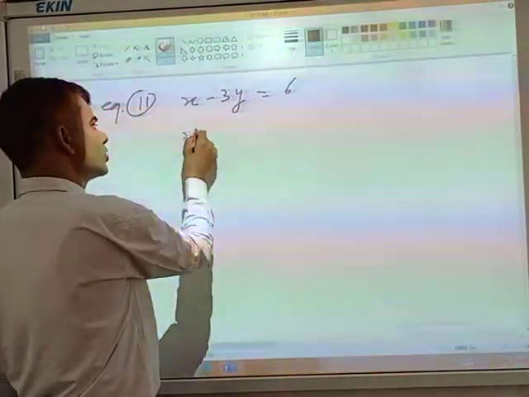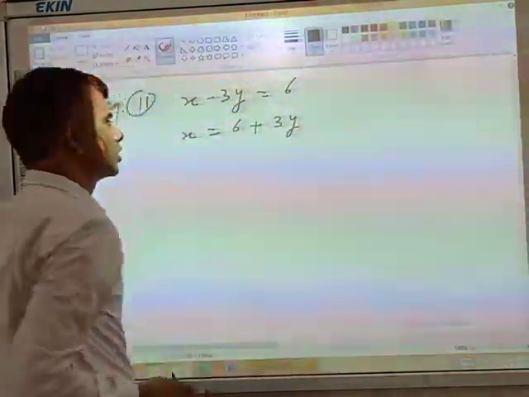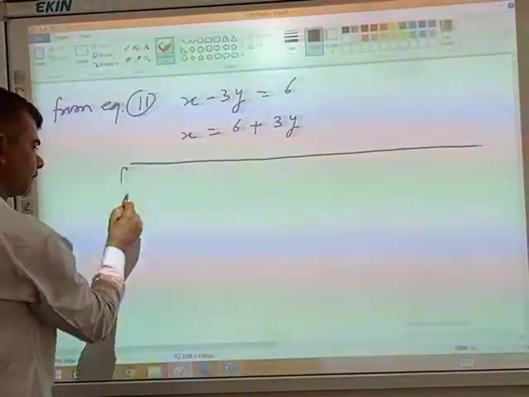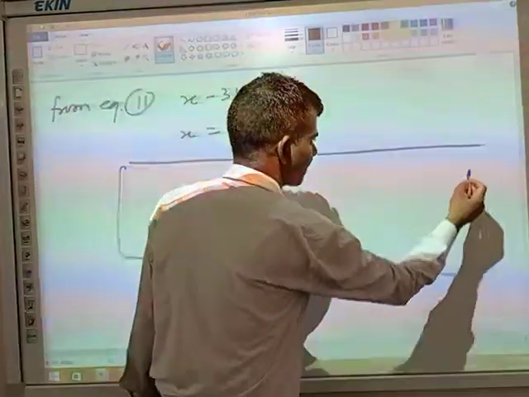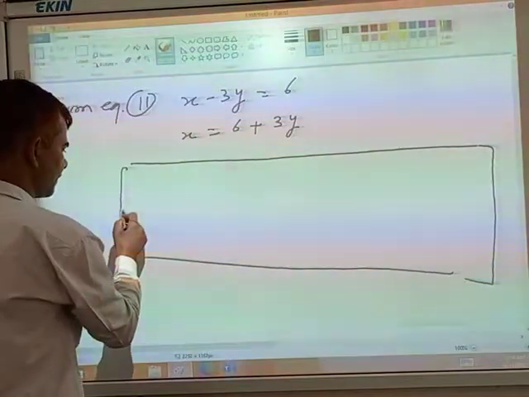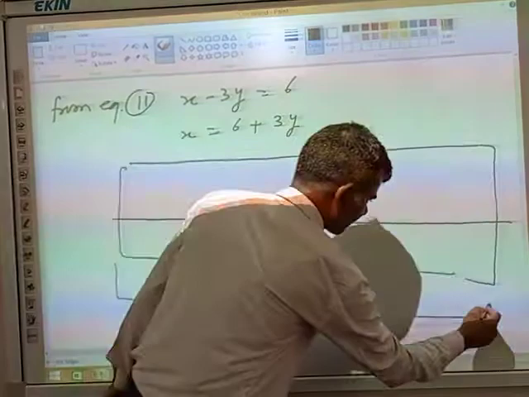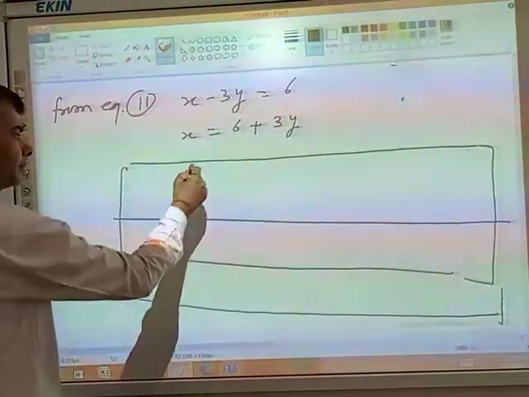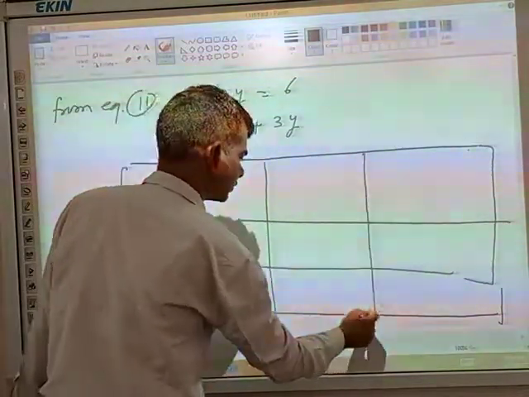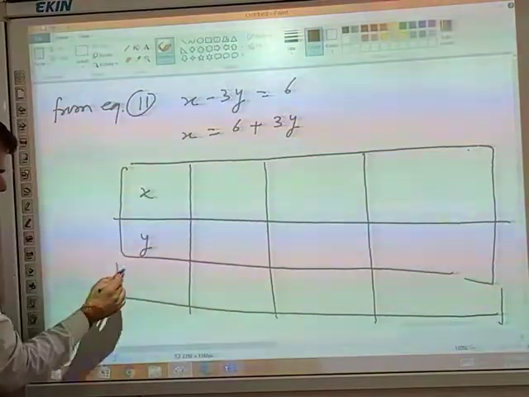Now students, x is equal to 6 plus 3y. Draw the table: x, y, and your points.